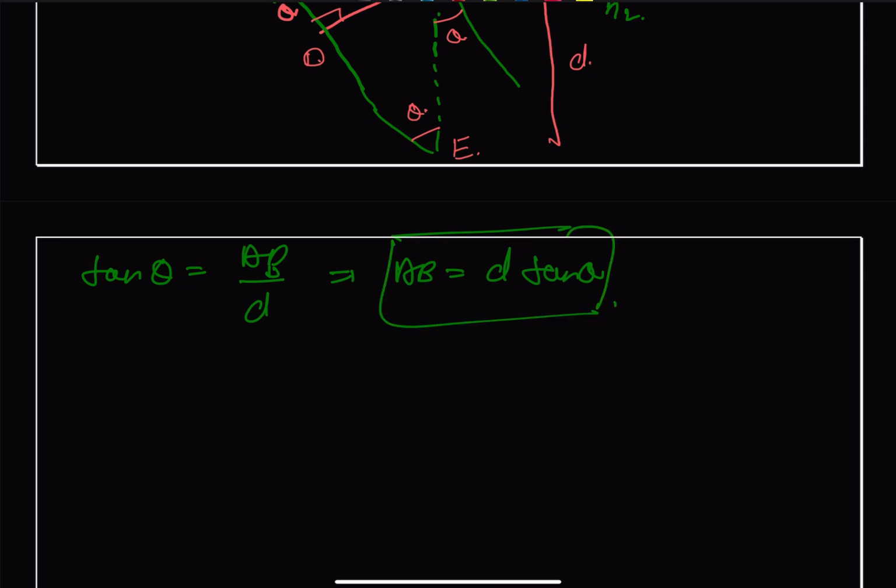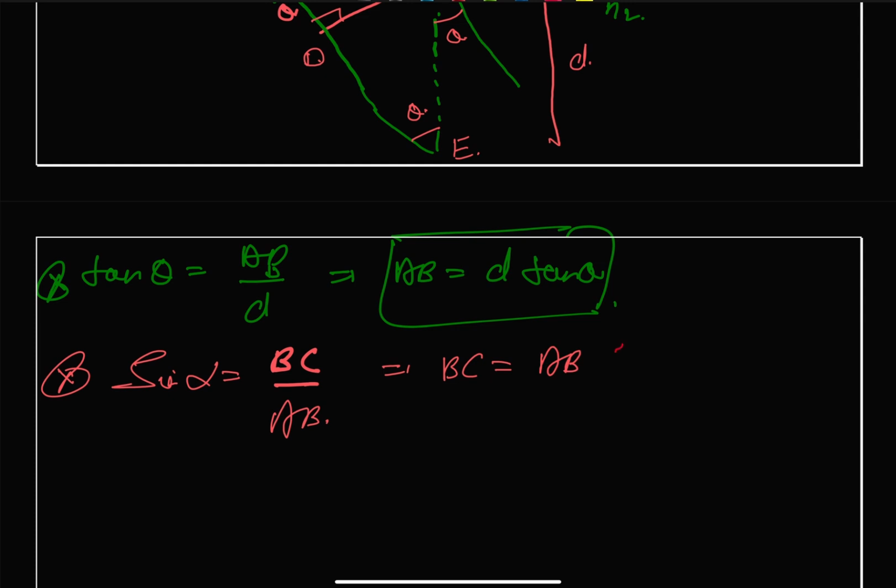Similarly, we can write that sine of alpha will be equal to BC upon AB, and from here we can say BC will be equal to AB sine of alpha, and AB is d tan theta, so we can write that BC will be equal to d tangent of theta multiplied by sine of alpha.